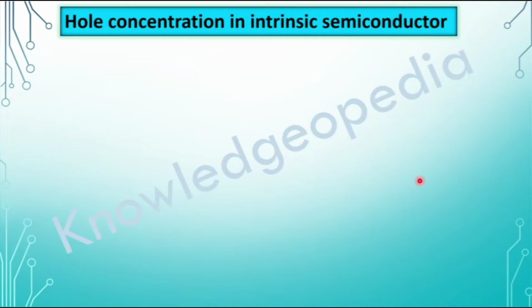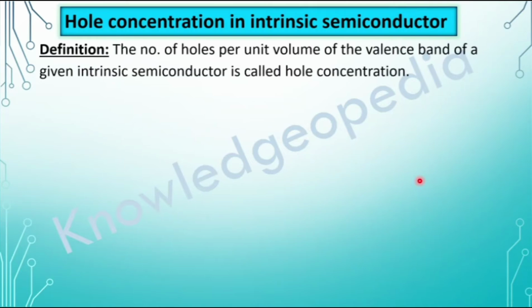What is hole concentration? This is the number of holes per unit volume of the valence band of a given intrinsic semiconductor. We have seen in the last class that whenever an electron moves from the valence band to the conduction band, it leaves behind an empty space known as a hole.